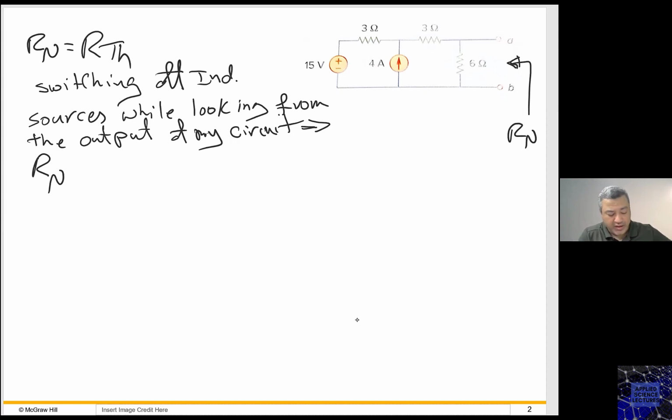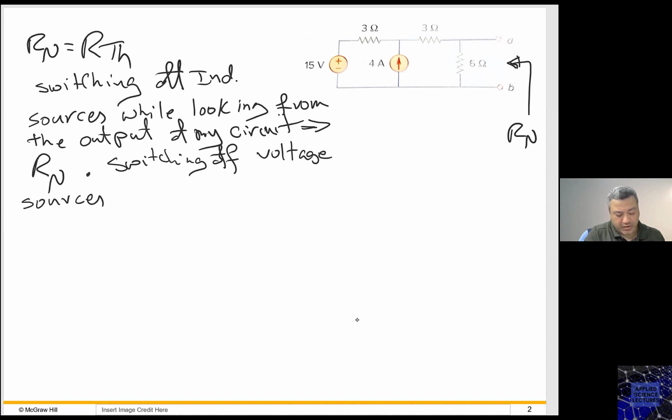I will redraw. And now remember that switching off voltage sources is replacing them with a wire.